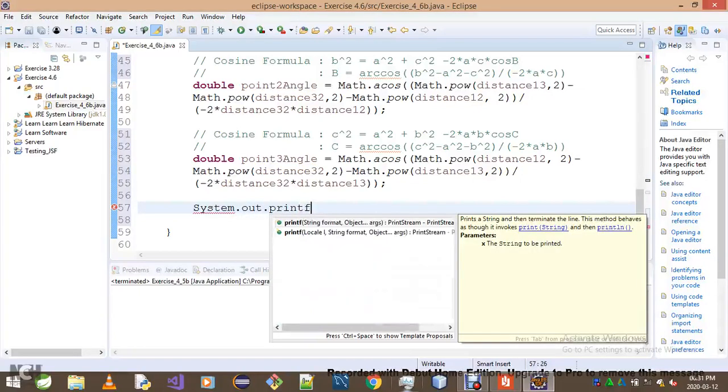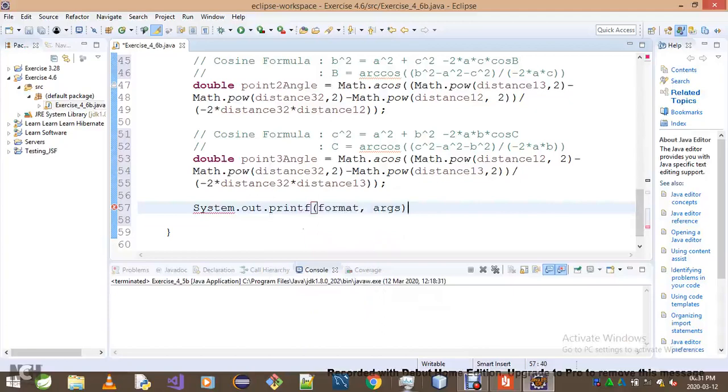System.out.printf, and then this. So here's what I'll do.